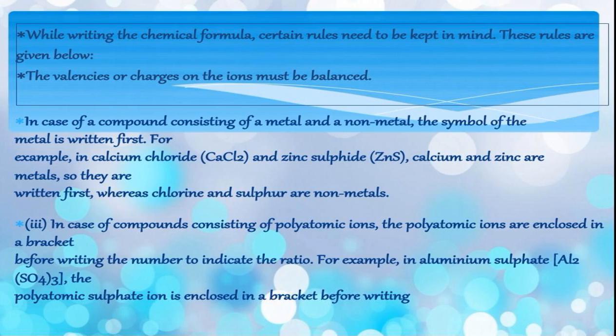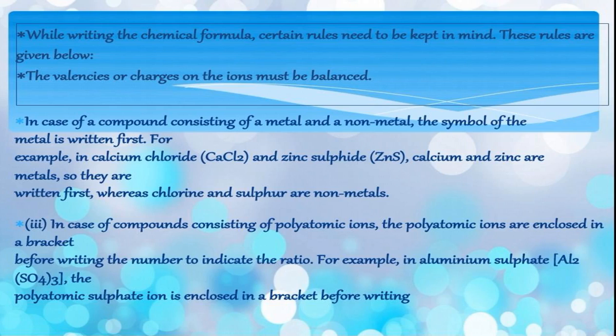While writing the chemical formula, certain rules need to be kept in mind. These rules are given below. First, the valency or charges on the ions must be balanced. Second, in case of a compound consisting of metal and non-metal, the symbol of the metal is written first. For example, in calcium chloride and zinc sulfide, calcium and zinc are metals, so they are written first, whereas chlorine and sulfur are non-metals.